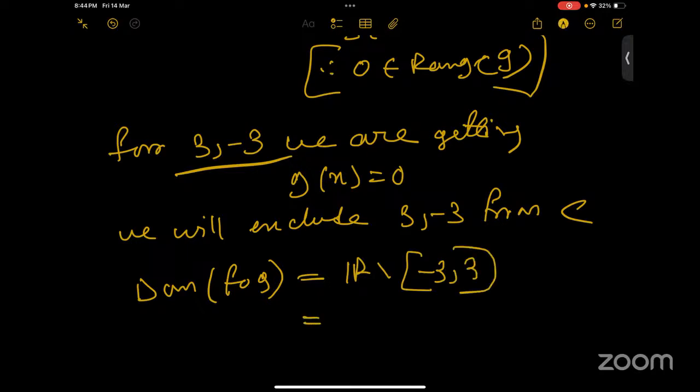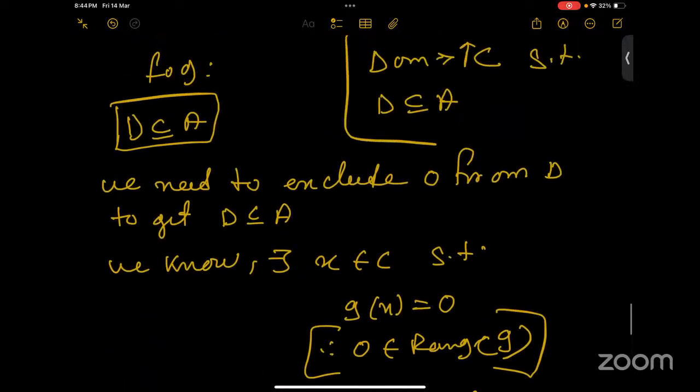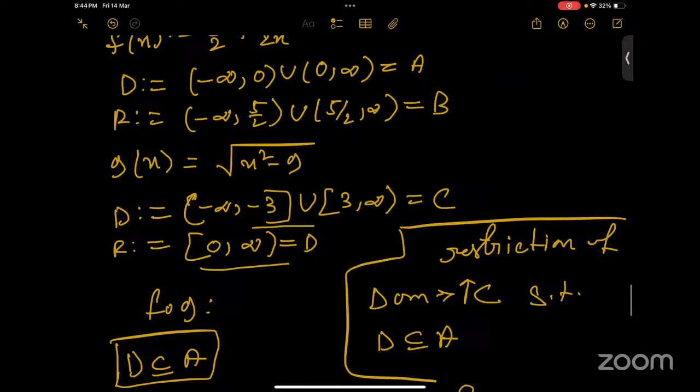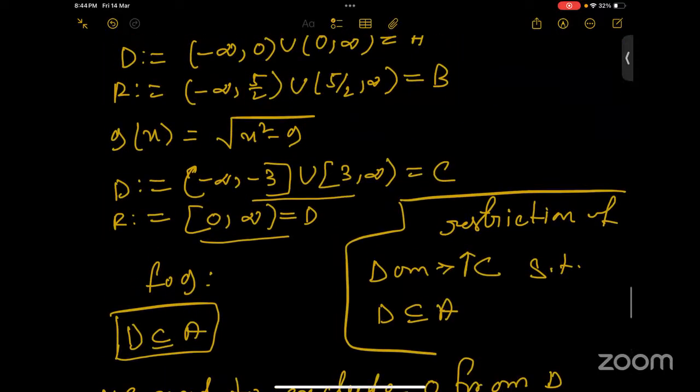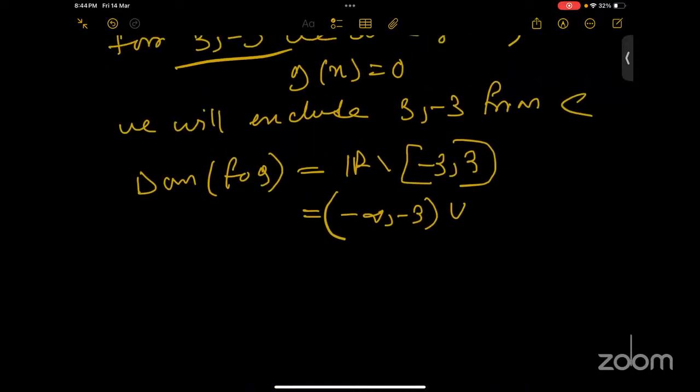But C is not R now, madam. C is minus infinity to 10 by 5. So here 3 and minus 3 are included in C, and we have to exclude them. So this will be the domain of the composite function.